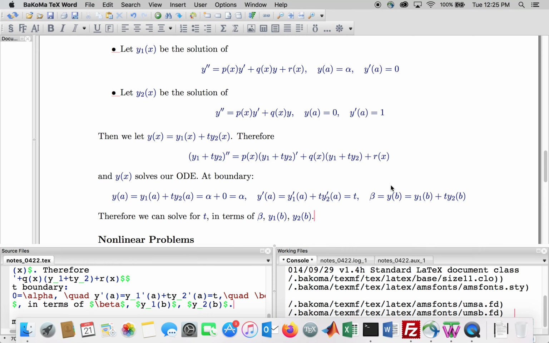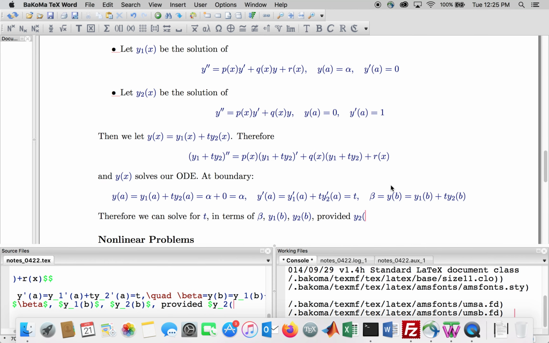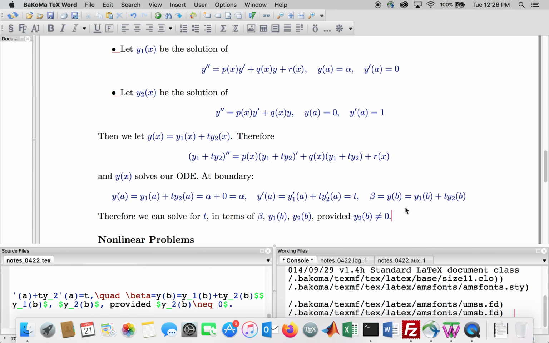And we need an assumption: y2 of b must be non-zero. One of the homework problems considers the possibility of y2 of b equaling 0. And it turns out that this will contradict the assumptions we're making about the original problem.